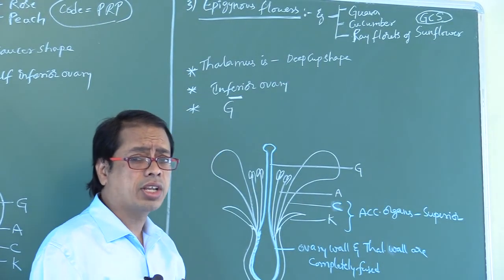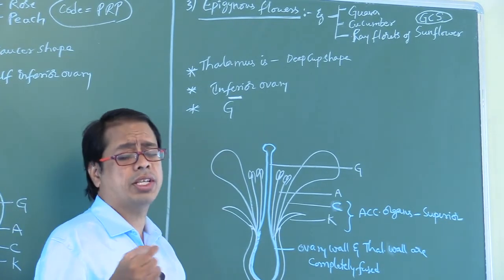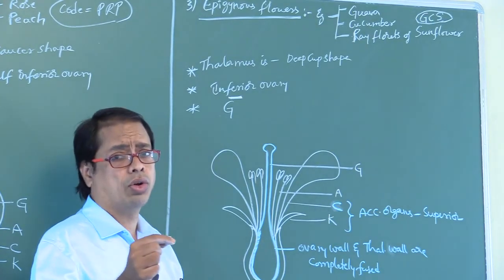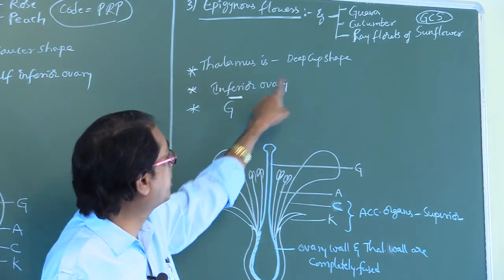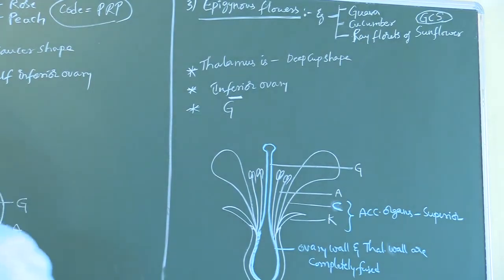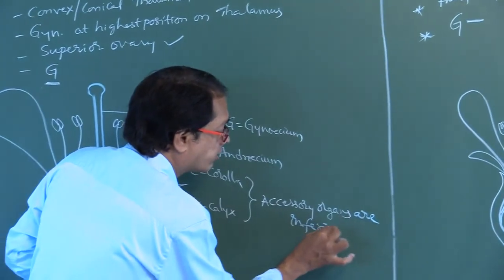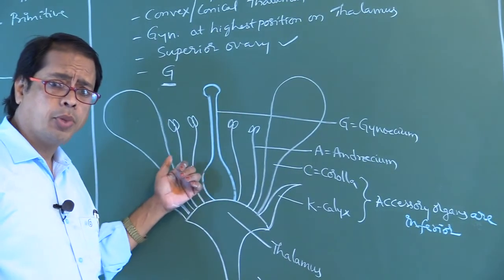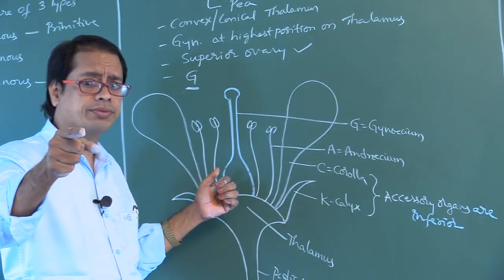Sunflower means the ray florets of sunflower. We may also say disc florets. So, ray florets and disc florets of sunflower, guava, cucumber, sunflower. So, thalamus is deep cup shape, inferior ovary. Whereas here accessory organs are inferior. So, superior ovary is found in hypogynous flowers, inferior ovary is found in epigynous flowers.